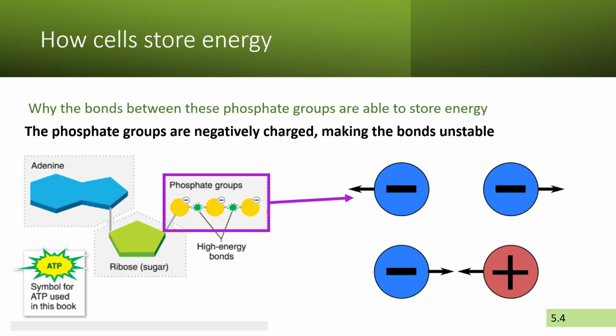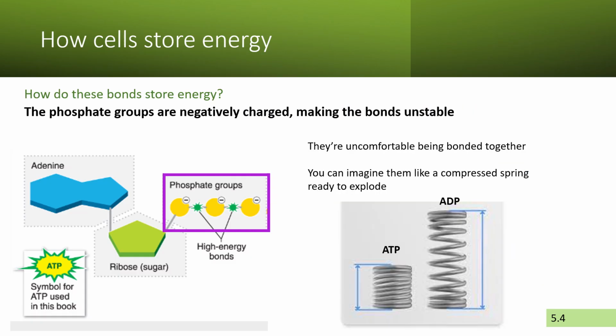So how are the bonds between phosphate groups actually able to store energy? Remember, when energy is stored, it's in the form of potential energy. Each of the phosphate groups is negatively charged. Similar to the magnets of the same pole, those negative charges push against each other, making the bonds unstable. You can think of these unstable bonds like a coiled spring.